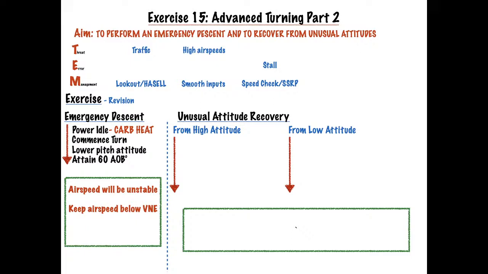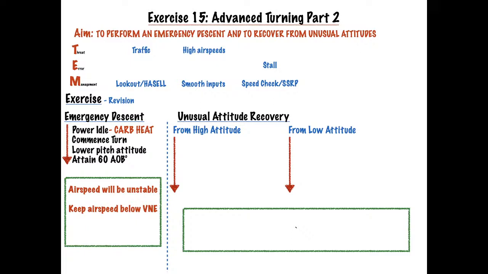So how are we going to control that speed? Well, it would be really tempting to just pull on the stick, wouldn't it? But we are going to be at risk of stalling the aircraft, certainly. We're going to be at very high speeds. The main concern is we're probably going to be in the cautionary range of the airspeed indicator, the orange zone, so we could potentially overstress the aircraft.